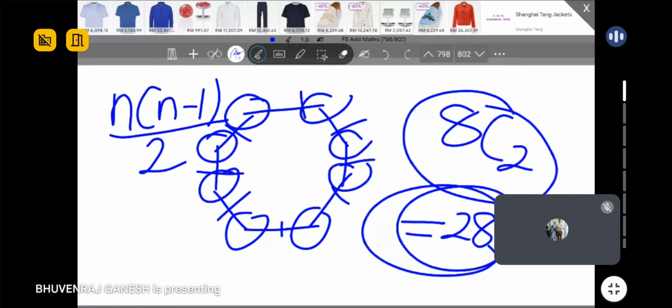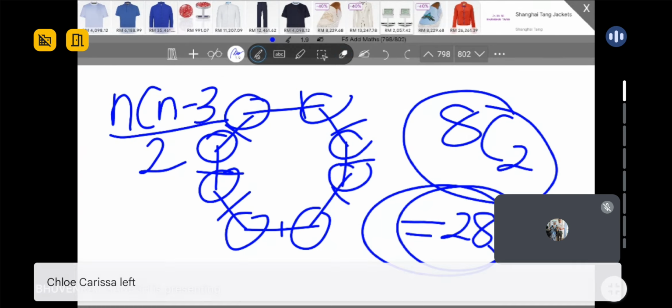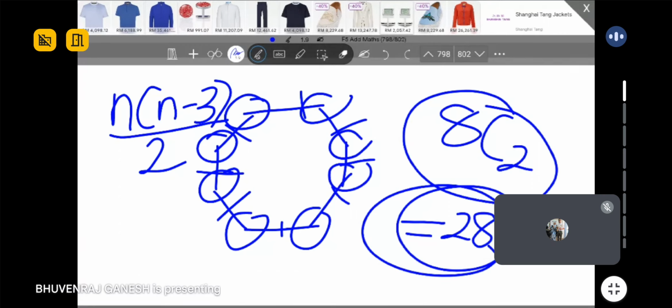Formula ni kan guys, untuk kira bilangan perpenjuru. Kalau tak silap saya. Sat. Bukan tolak 1. This formula. I think this is the formula you all learned before in lower form maths. Number of diagonals.